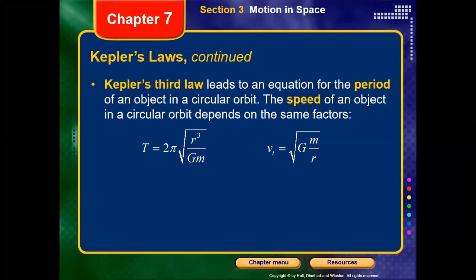As you know, speed equals distance over time. The distance the planet travels around the sun is one complete circle, the circumference, which is 2 pi r. So it will be 2 pi r over T. The 2 pi r here will cancel with the 2 pi, and the r will go under as r squared, so the relation will be flipped. So you get VT equals the square root of GM over r. All he did was say d over t, with d being 2 pi r, and the relation comes out like this.